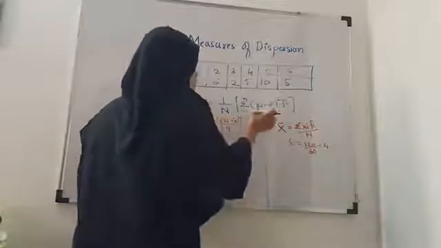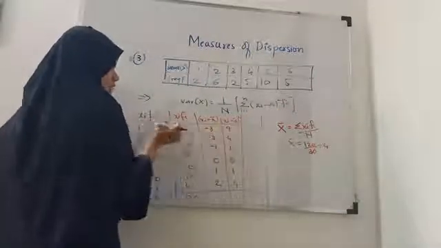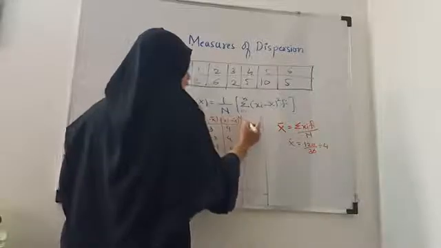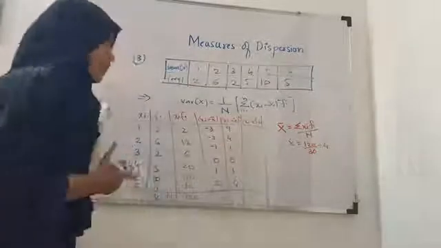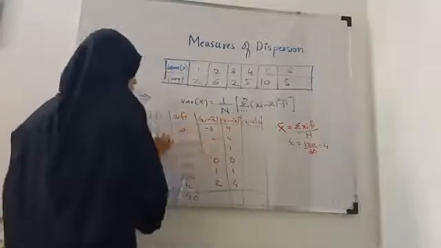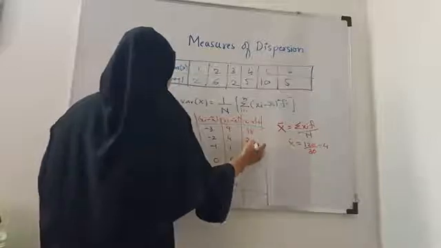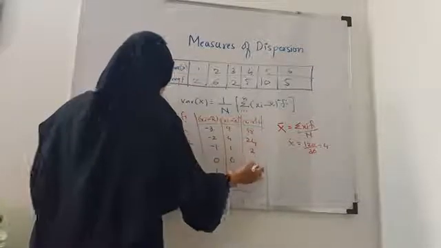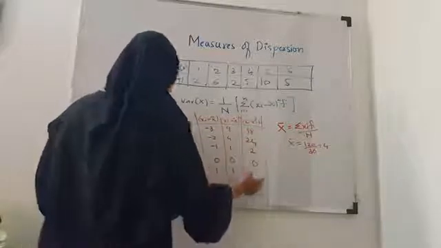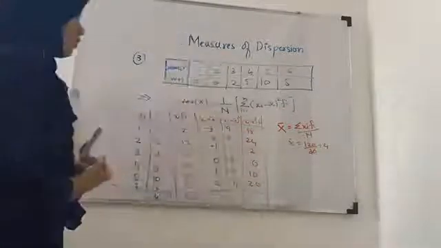Then the next column, you multiply this column by fi, so that will be (xi minus x bar) the whole square into fi. So 9 into 2 is 18, 4 into 6 is 24, 1 into 2 is 2, 0 into 5 is 0, 1 into 10 is 10, and 4 into 5 is 20.